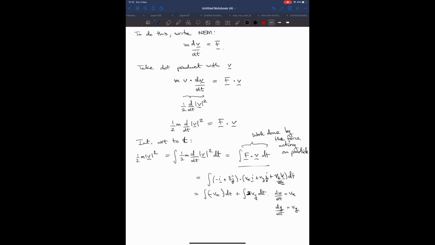So this allows us to use the chain rule. This then gives us this: you have to integrate minus 1 with respect to dx, and then we have to integrate 3 with respect to dy. So this just gives us a real easy integration, minus x plus 3y.